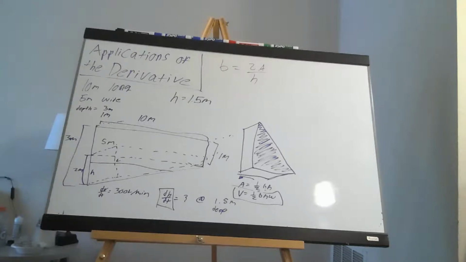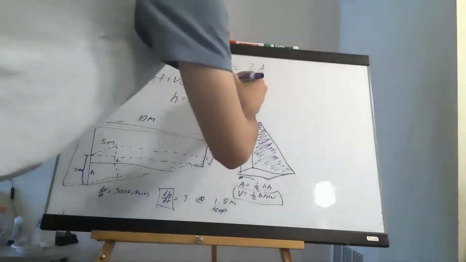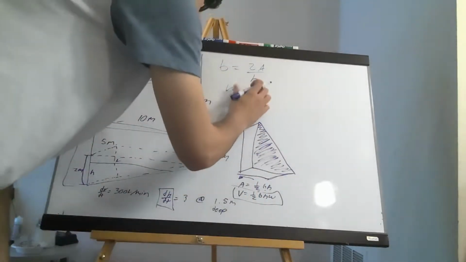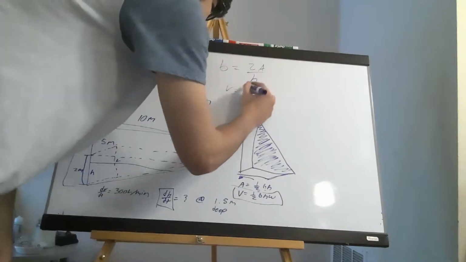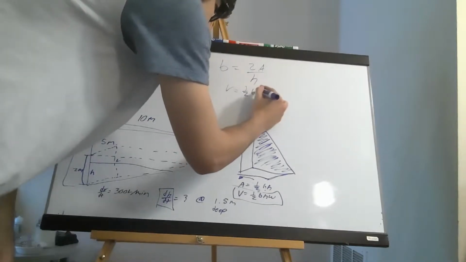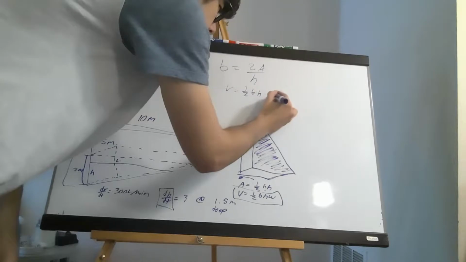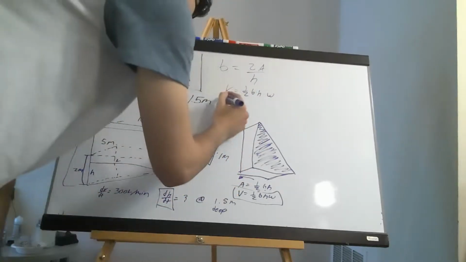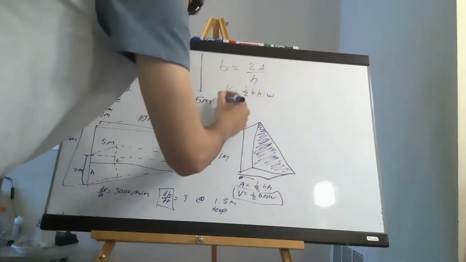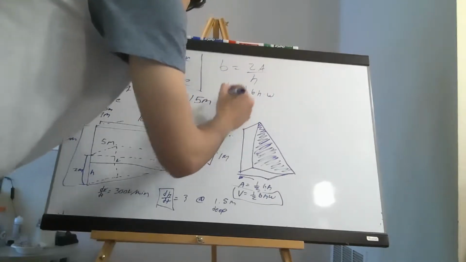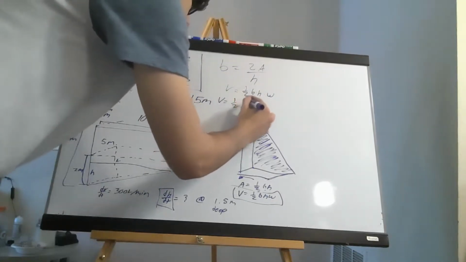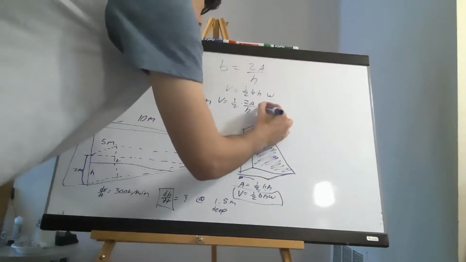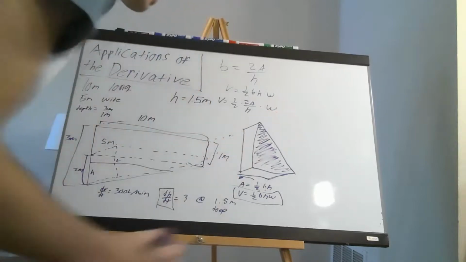All right, so then let's plug that into our next formula. Now we've got V equals 1/2 base times height times width. So let's plug in for b in our formula of V. We got V equals 1/2 times 2A over h times w.